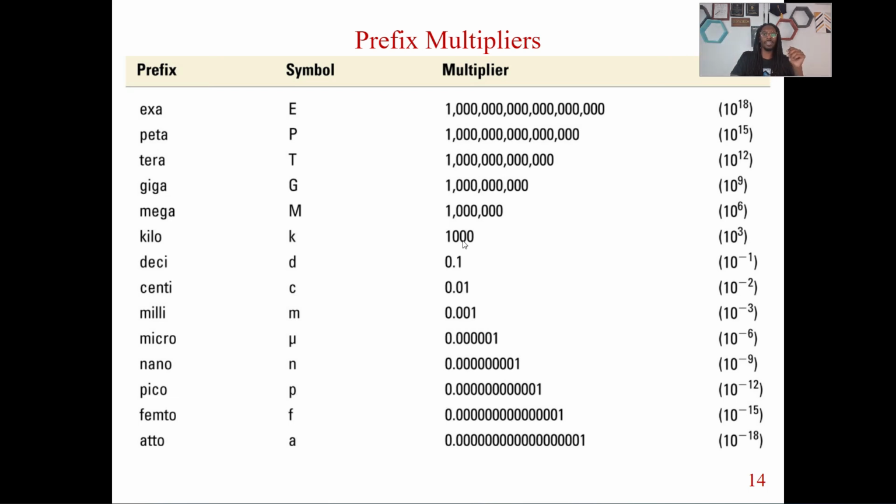Now, I do not suggest using that method in this class going forward. It's definitely a good way to remember something, but you need to know these prefixes, especially, and listen here, kilo, centi, milli, nano, for sure.